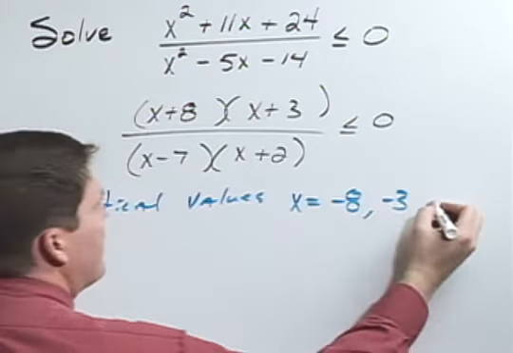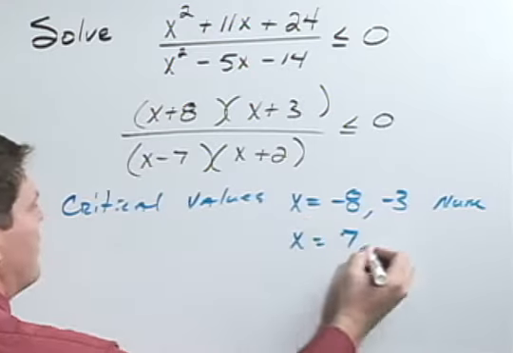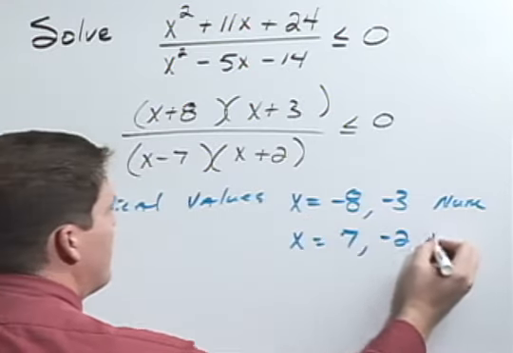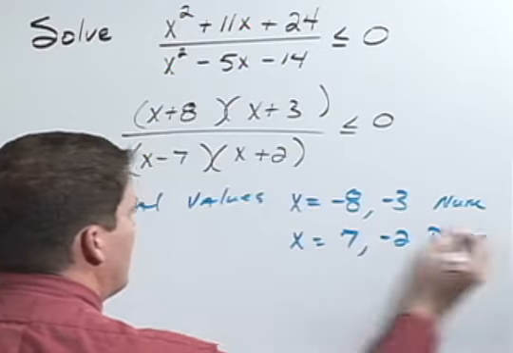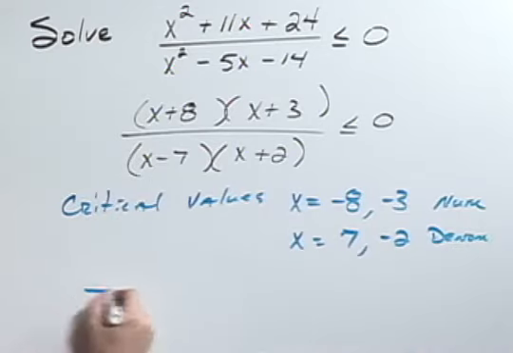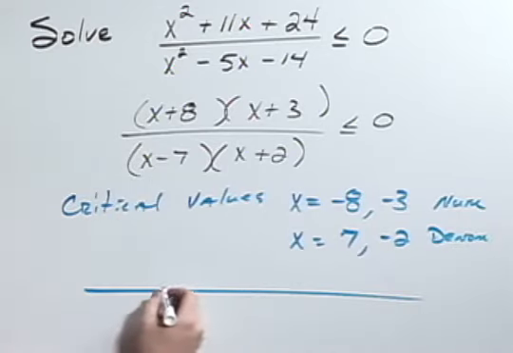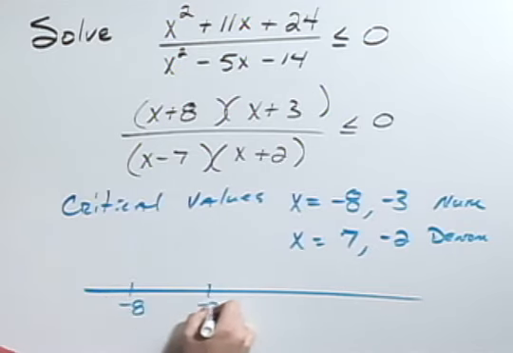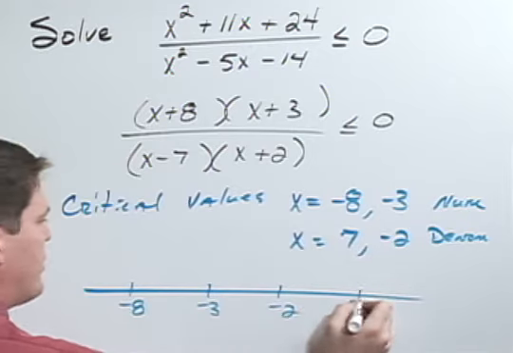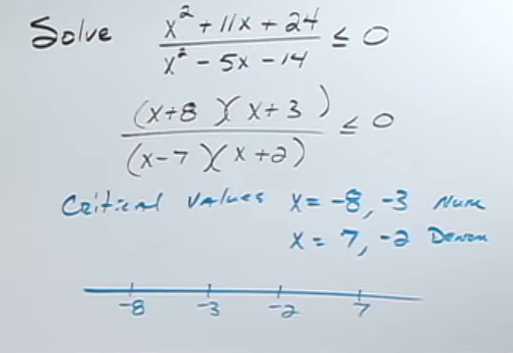And from my denominator, 7 and negative 2. Once I have those values, I can make some test values. So negative 8, negative 3, negative 2, and 7.